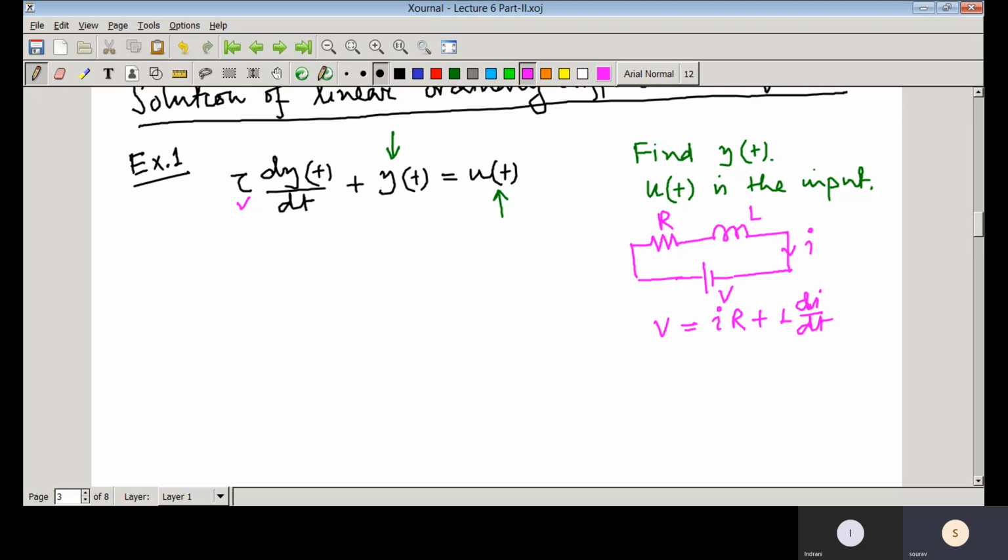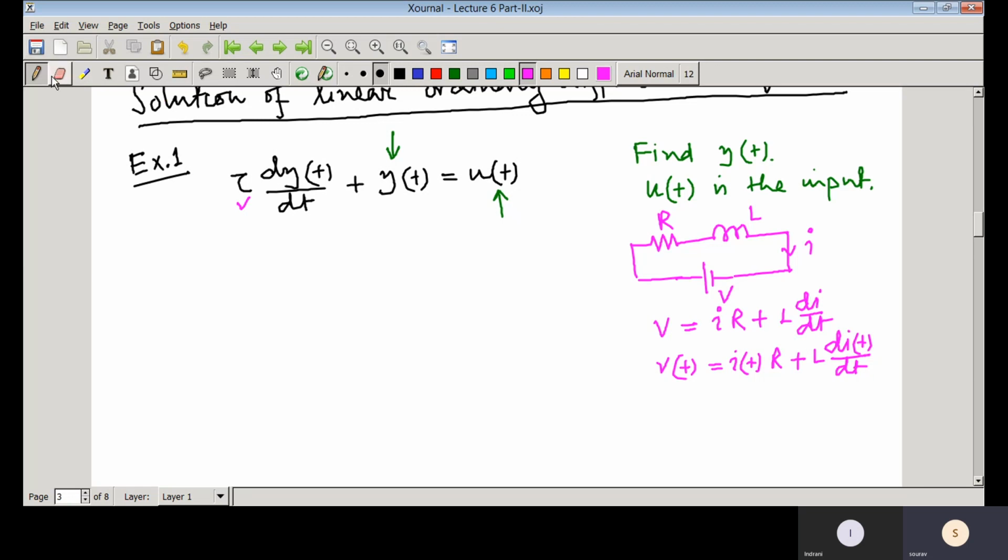Now i is the variable you need to find. So you can write it in this form: V(t) equals i(t) R plus L di/dt, in terms of t.